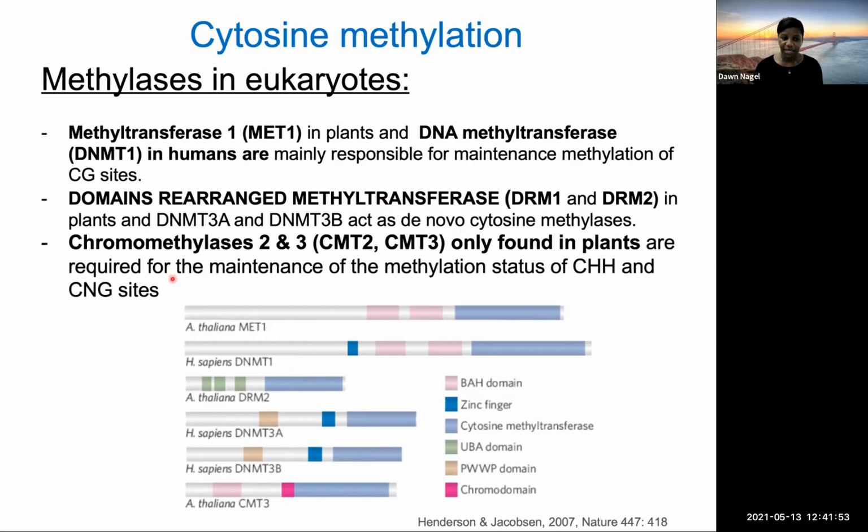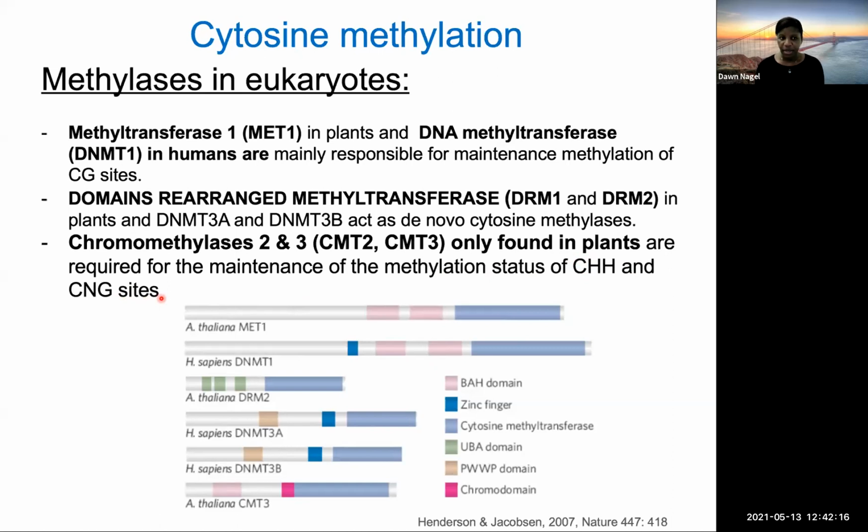And then you have these plant-specific methylases, which are the CMTs, which are only found in plants because these are the ones that we know play a role in maintaining the methylation status of CHH and CHG sites, which, as I mentioned in the previous lectures, we haven't found a prevalence for these types of methylation in humans thus far.